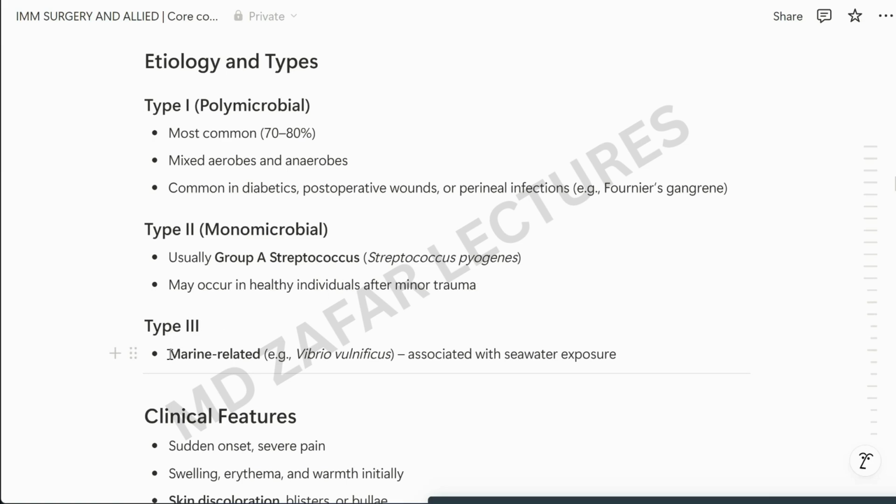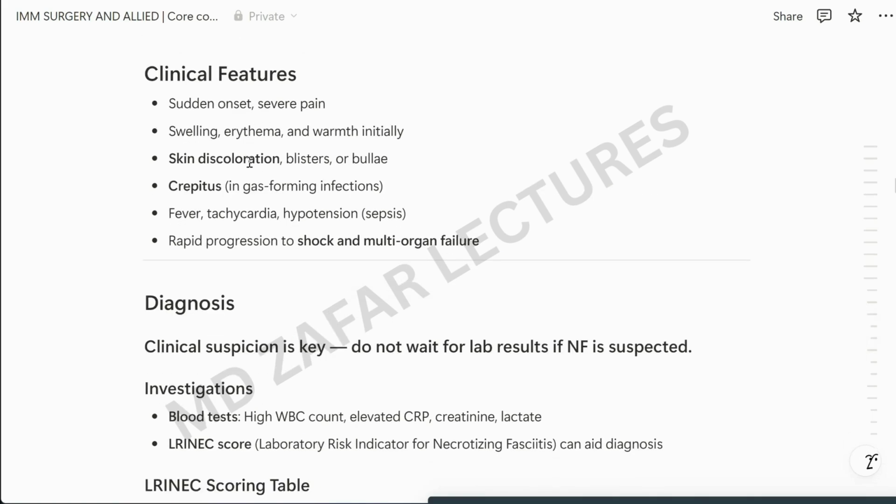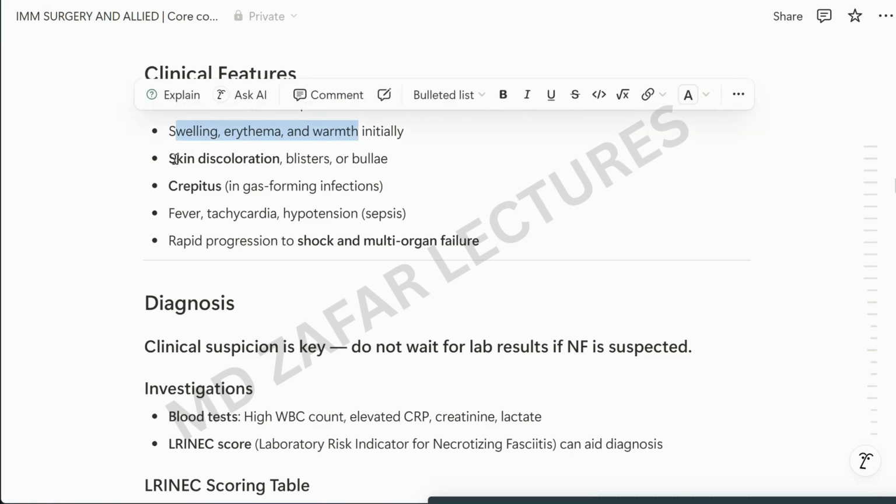Type 3 is marine related, that is the patient will have had a lot of seawater exposure and the organism will be Vibrio vulnificus. Talking about the clinical features, there will be sudden and severe pain associated with swelling, erythema and warmth initially, followed by skin discoloration.